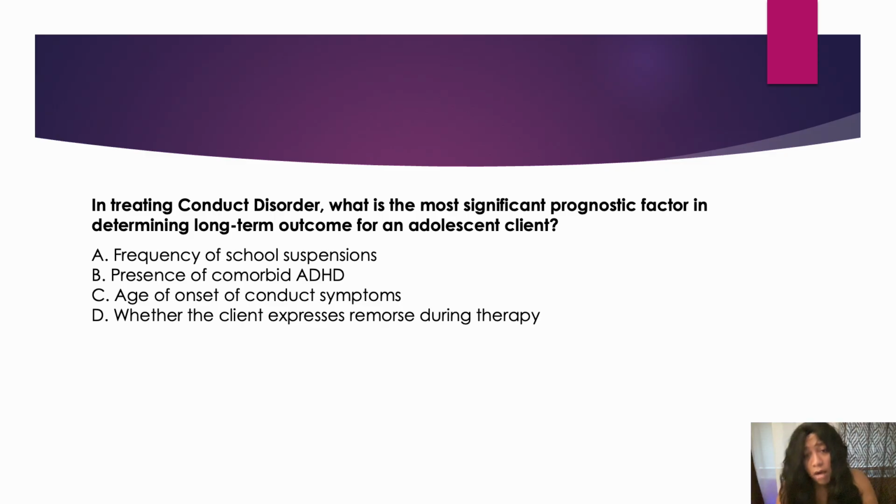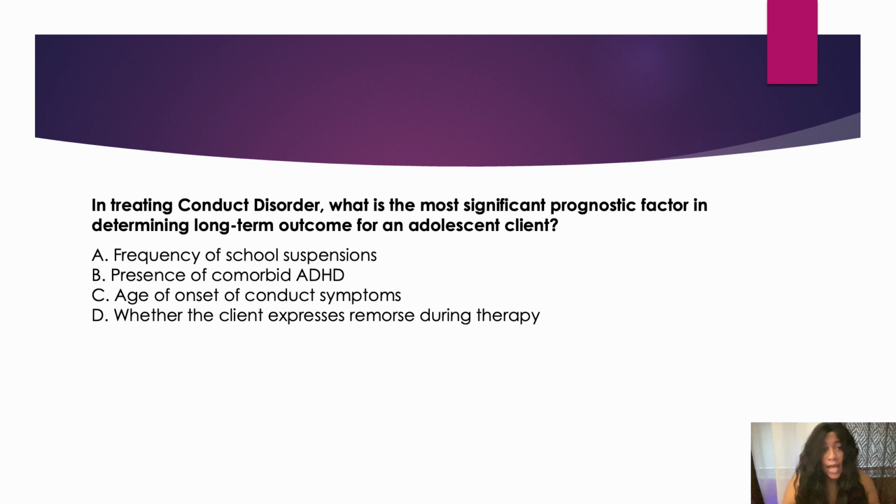That is the long-term outcome they are speaking about. Because if the behaviors and the symptoms began before the age of 15, they can be diagnosed with antisocial personality disorder at the age of 18.